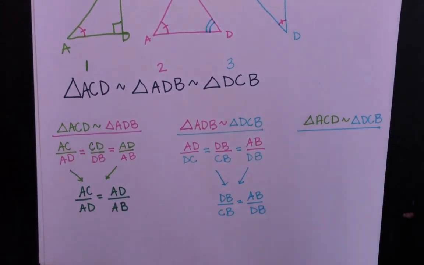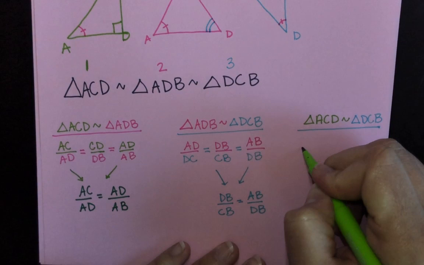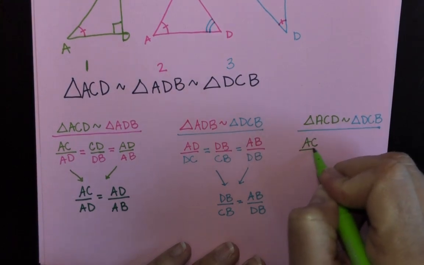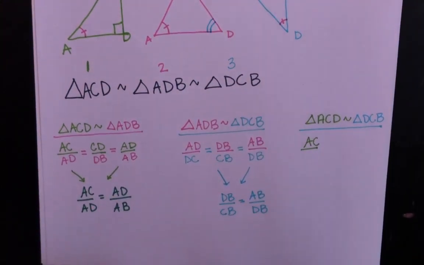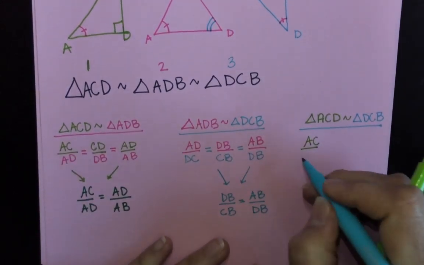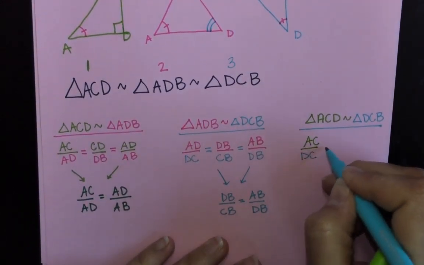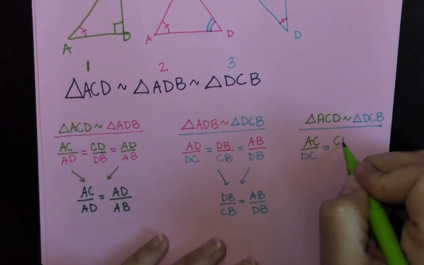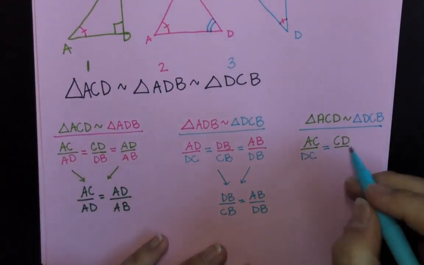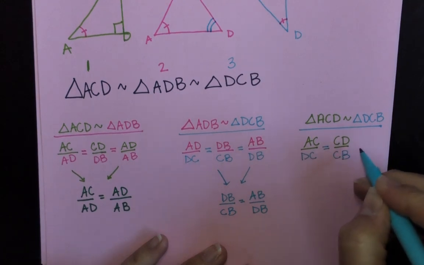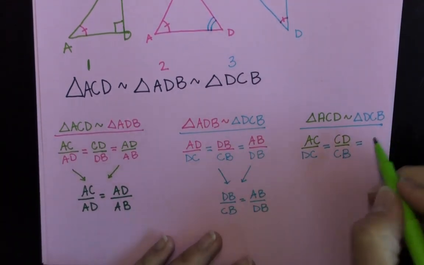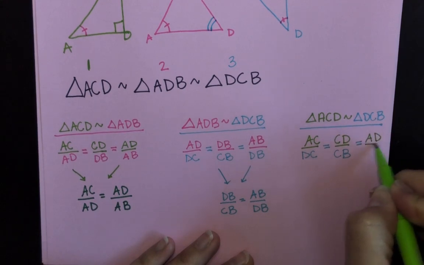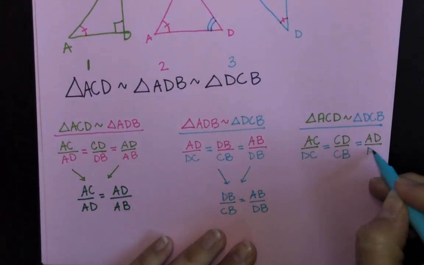We're going to do the same thing one last time. AC is going to correspond with DC, CD is going to correspond with CB, and AD, first last, is going to correspond with DB.